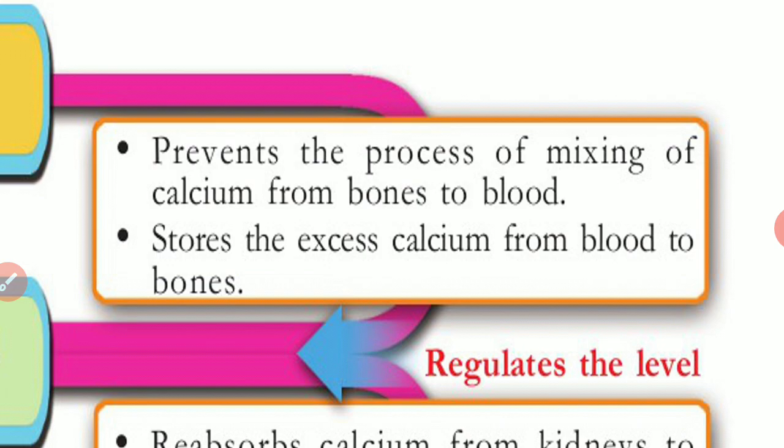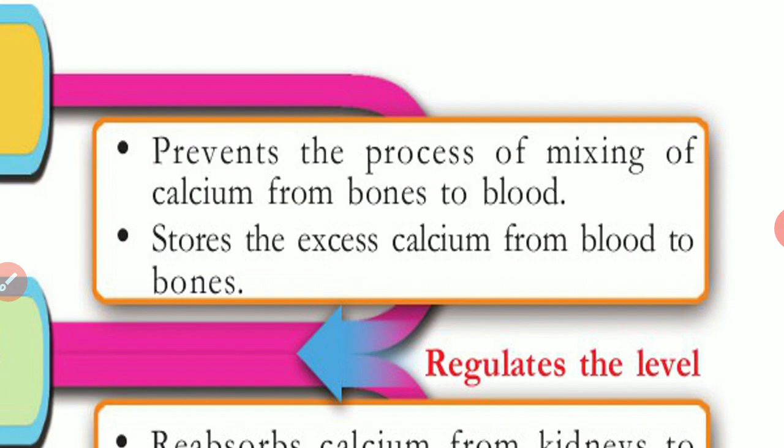In bone there is a large amount of calcium. If there is less calcium in blood, from bones it will come back to blood. Here, what does calcitonin do? It prevents calcium from bones from mixing into the blood.